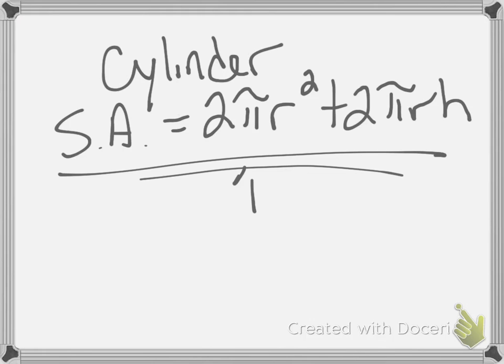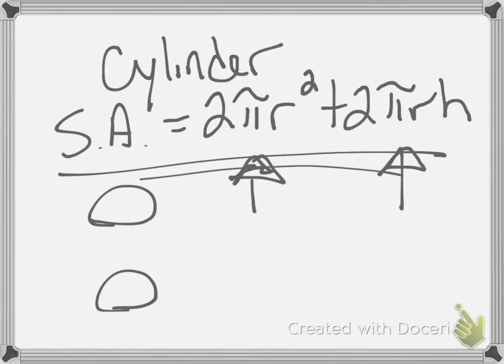On a cylinder, it has 2 circles on top and bottom, so that's where the 2 pi r squared comes in, because that's the area of the top and bottom. There's 2 of them. And then the 2 pi rh stands for your lateral area. So if you unwound a cylinder like a soup can, that would represent the label on a soup can. So you just simply plug in the numbers in a formula and type it in a calculator.